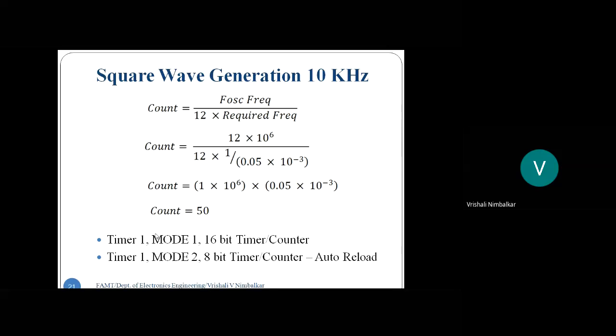Is that okay? Depending on what count calculation you have got, and what is the maximum range of the count in the respective modes, we decide which timer mode or which counter mode is to be selected. Now with the count 50, I can use timer in any of the mode 0, mode 1, mode 2, mode 3.